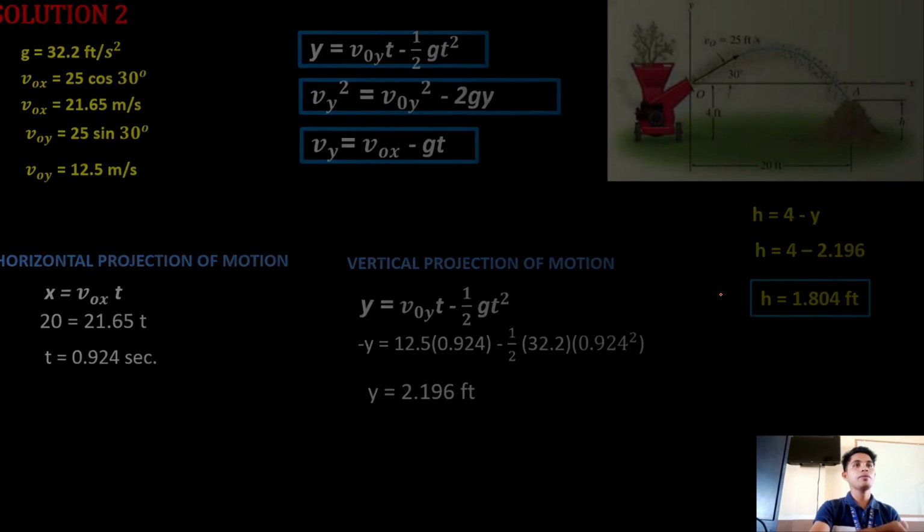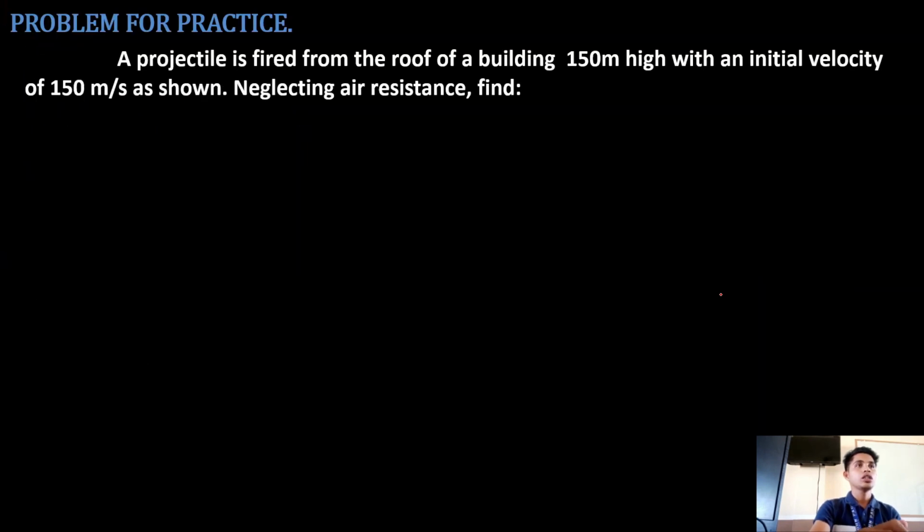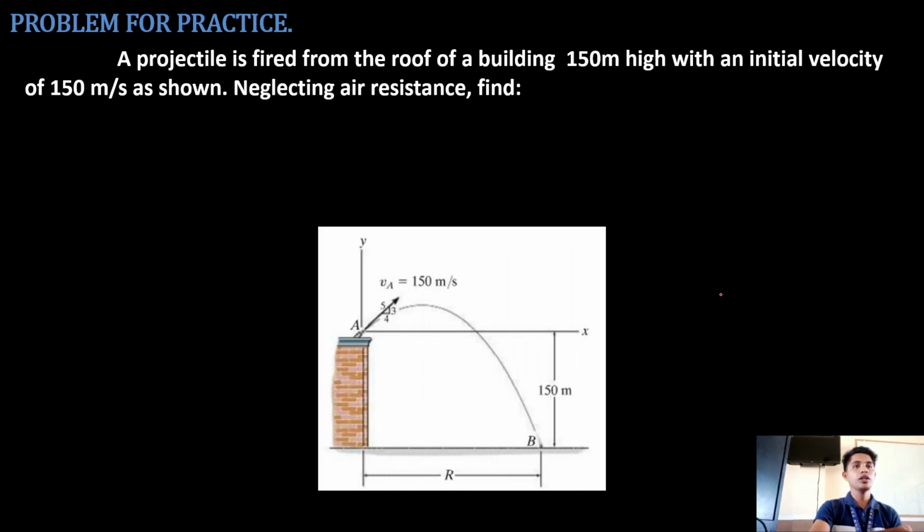Kaya may iniwan ako dito na problem for practice. A projectile is fired from the roof of a building 150 meters high with an initial velocity of 150 meters per second as shown. Neglecting air resistance, find: ito po yung ating figure. Meron doon sa top ng building, yung height ng building is 150 meters.